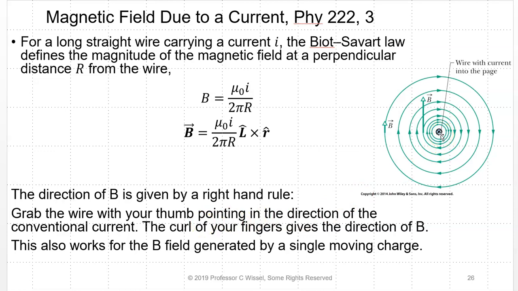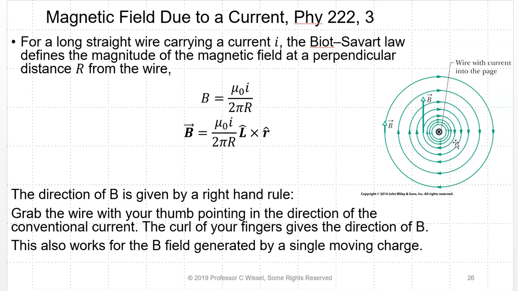This also works for a magnetic field generated by a single moving charge because the current is just a bunch of charges all moving in the same direction. In this case, the current is going into the page. That's the conventional current. Your thumb is pointing into the page, and note that your fingers point clockwise. If it is a negative charge, instead of going into the page, it would be coming out of the page, and I use the Carroll Whistle patented left-hand rule.